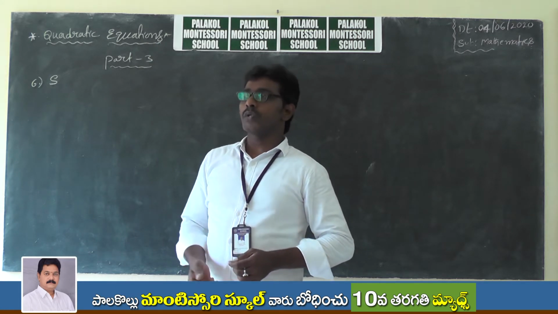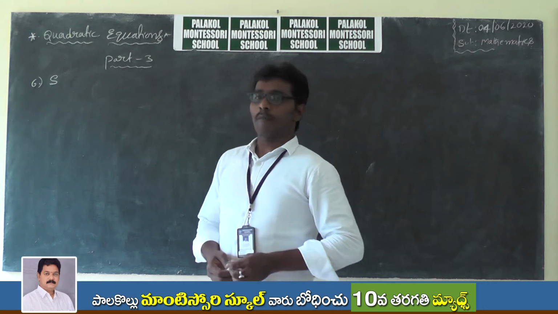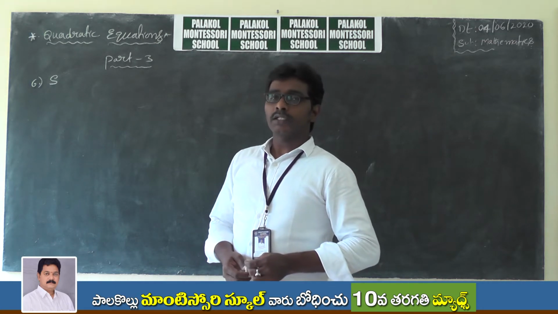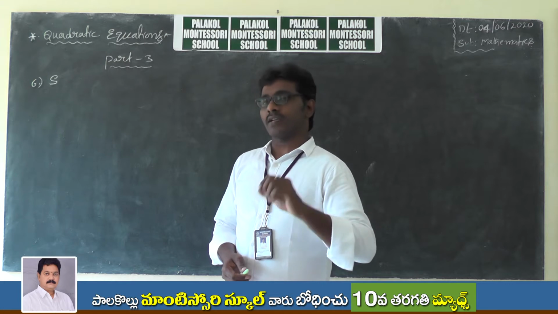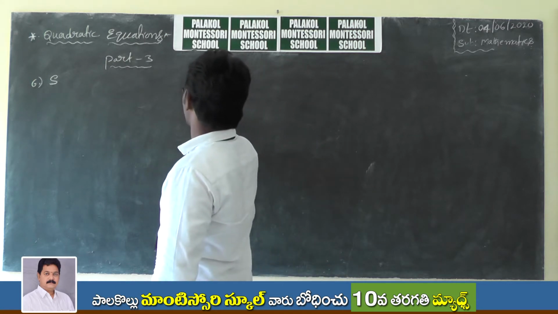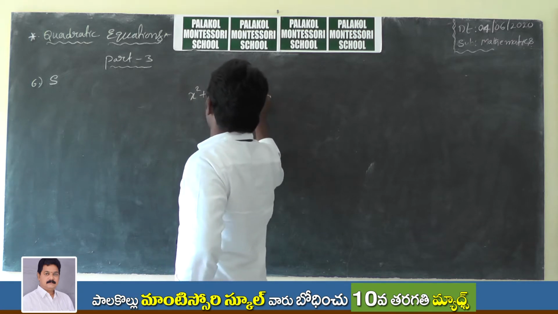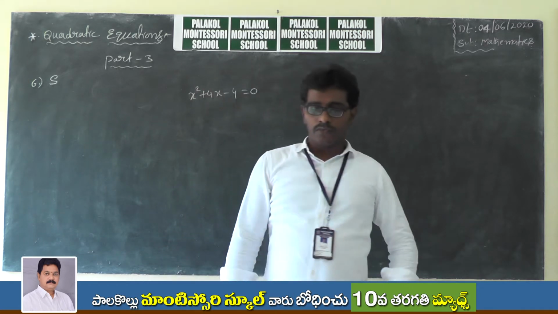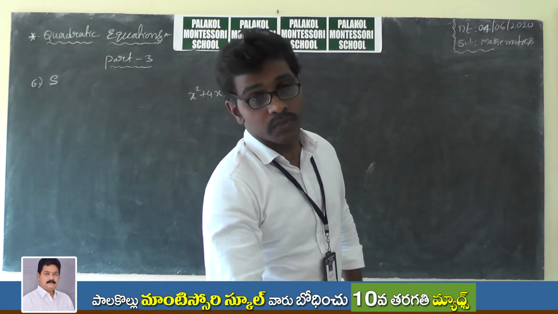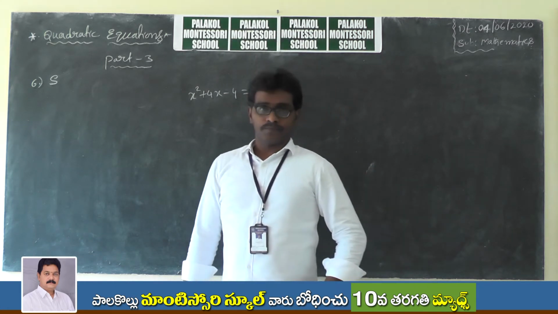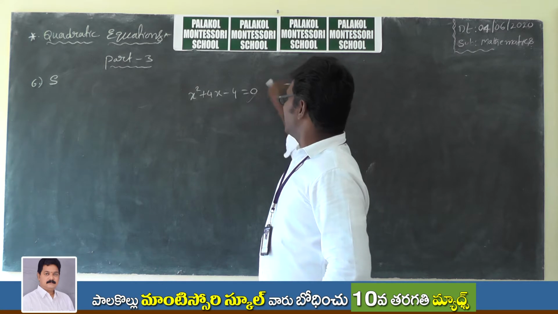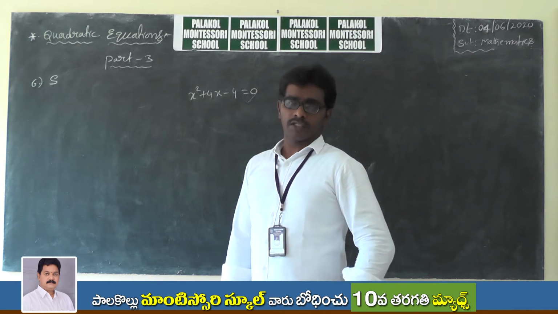First, one question. I write one sum on the blackboard. You find the factors: x square plus 4x minus 4 equal to 0. Use splitting the middle term, apply it and check whether you get the factors or not.